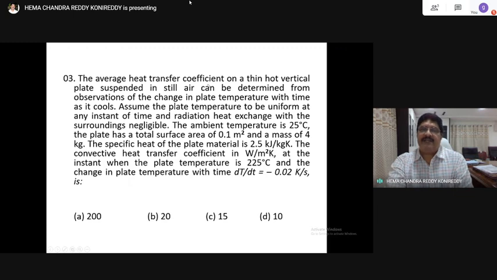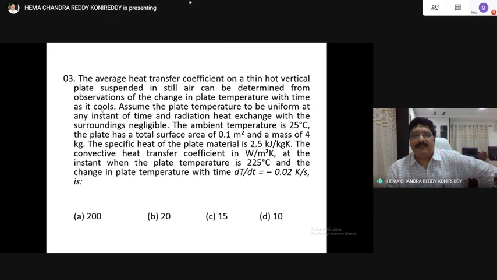The average heat transfer coefficient on a thin hot vertical plate suspended in still air can be determined from observations of a change in plate temperature with time as it cools. A plate is suspended in air, and the average heat transfer coefficient can be calculated by knowing the temperature changes.